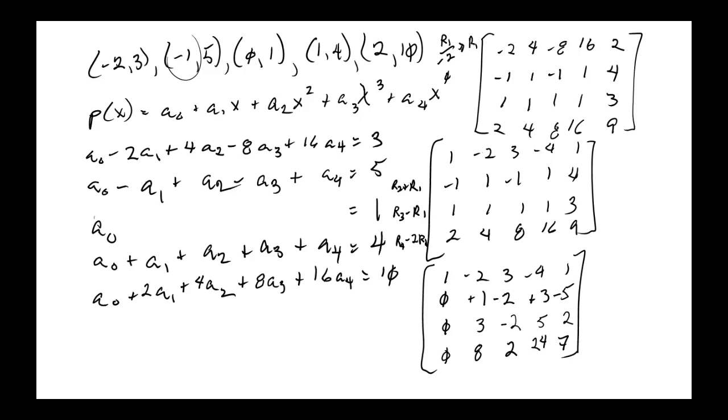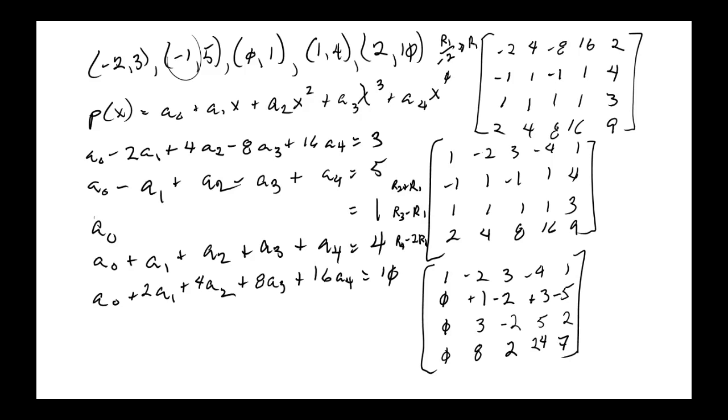You're just plugging in 1, and that's equal to 4. Right? And then the last one, plug in a 2 for your x, and you get a0 plus 2a1 plus 4a2 plus 8a3 plus 16a4, and that's equal to 10.